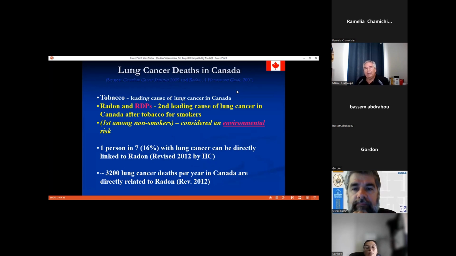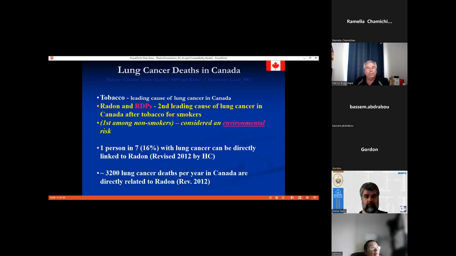Now, in Canada, cigarette smoking is still the number 1 cause of lung cancer, but radon is the number 2 cause of lung cancer in Canada after tobacco, and that's for smokers. For non-smokers, radon is the number 1 cause of lung cancer in Canada.